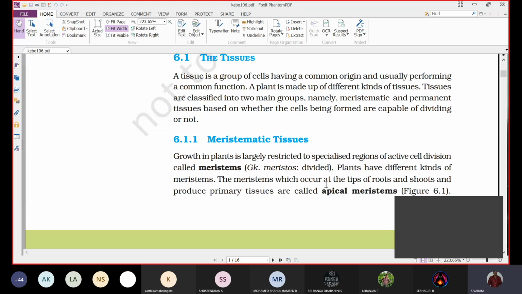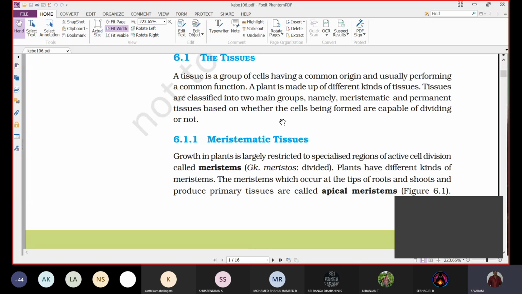And those tissues in which the cells lose their capacity to divide, such cells are described as a permanent tissue. So whether the cells continue to divide or not, based on that, the tissues are divided into two groups: meristematic tissue and permanent tissue.